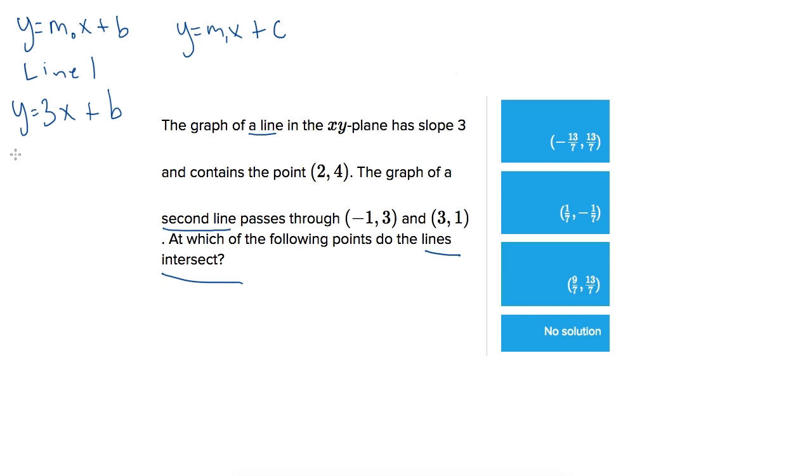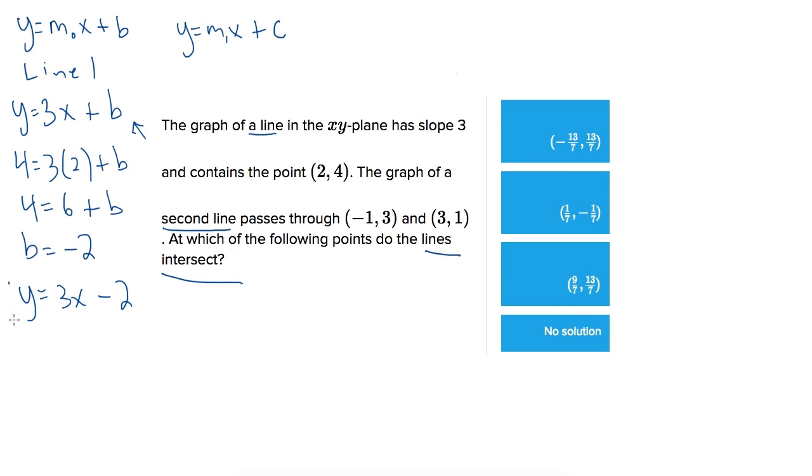We can actually say 4 equals 3 times 2 plus b, which is 4 equals 6 plus b, or b equals -2. Now we take this value for b and plug it back into our equation. So y equals 3x minus 2. That's our equation for line 1.